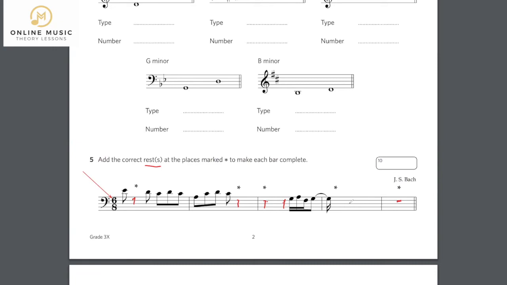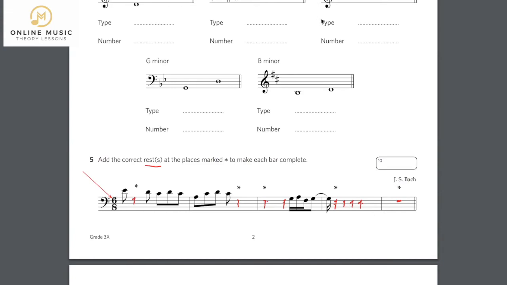And then for this one here, I would have two semi-quaver rests here. And then I would have two quaver rests with a dot on the end of it. So that will add up to 6/8.